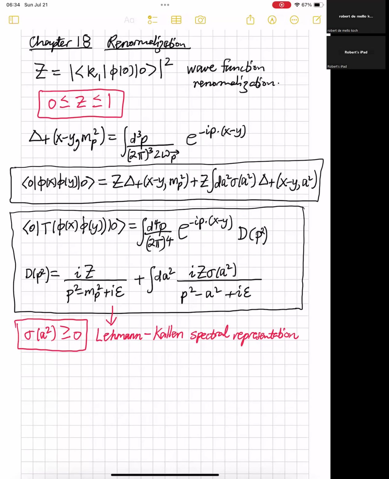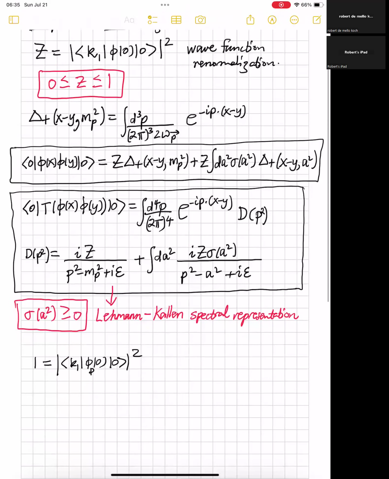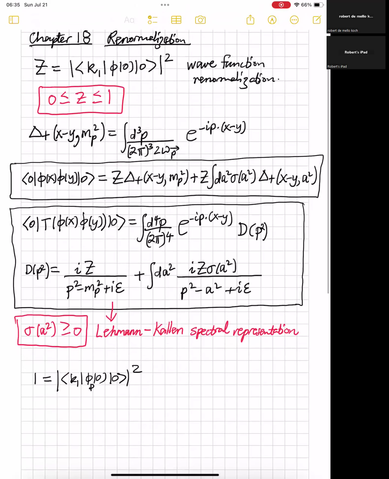So because of that, we'd like to introduce a physical field for which the probability of creating a single particle state is equal to 1. And this would now be our physical field. Okay, so how is this related to the field that we had appearing in our Lagrangian?